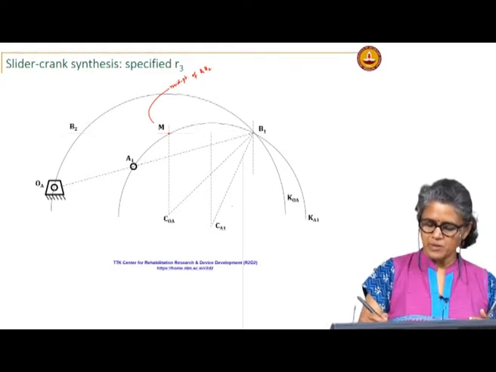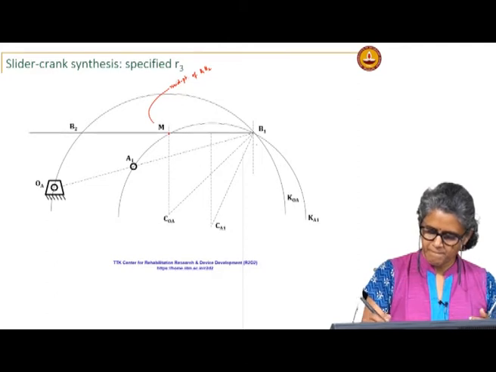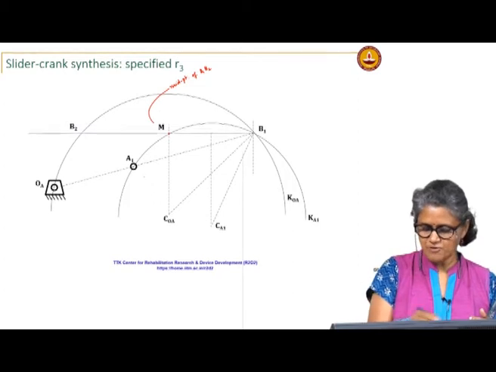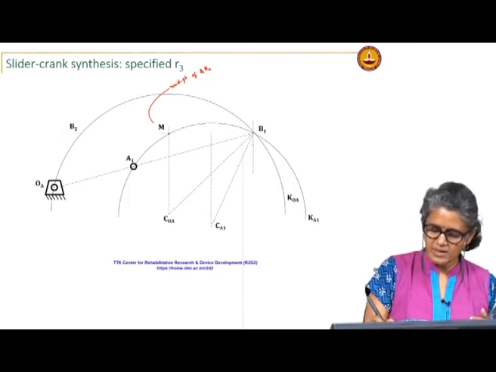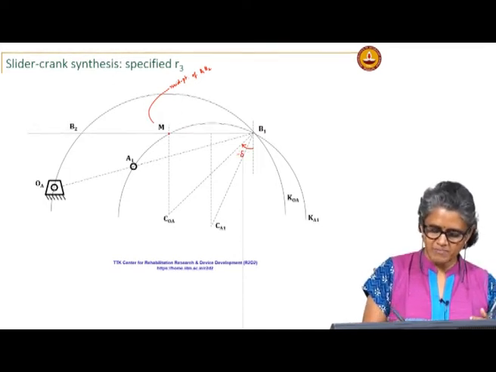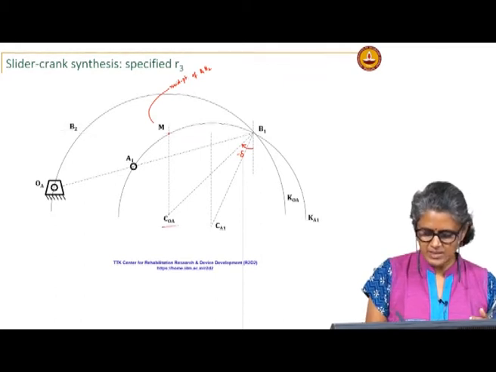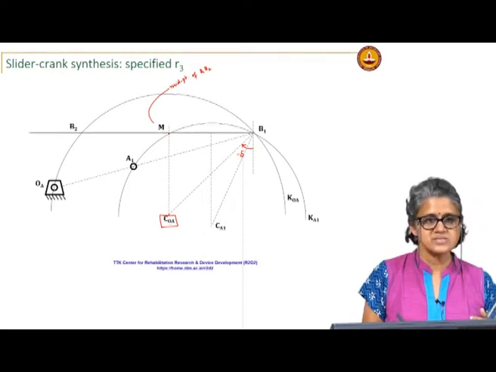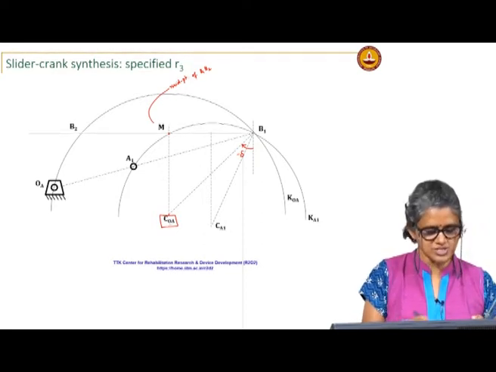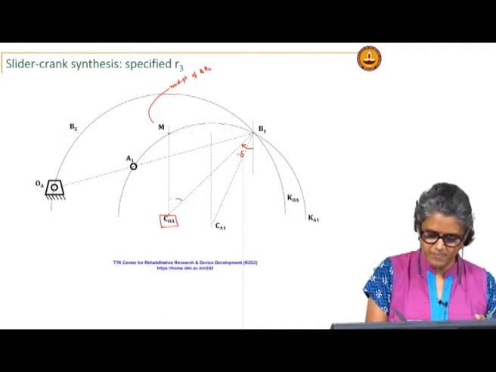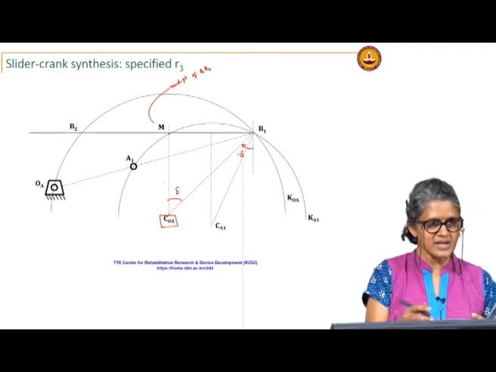So, from B1 if I draw the perpendicular bisector of B1 B2, then if I construct this with delta, minus delta angle, okay, this way, then where it intersects that perpendicular bisector gives me the center of the circle on which OA lies, because this is again going to make the angle delta. Central angle will be 2 delta.